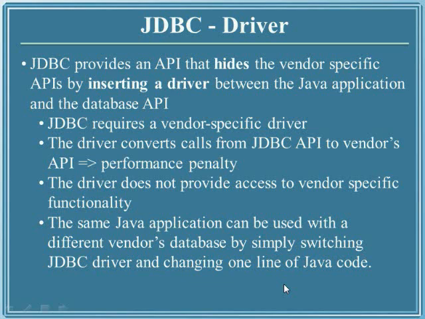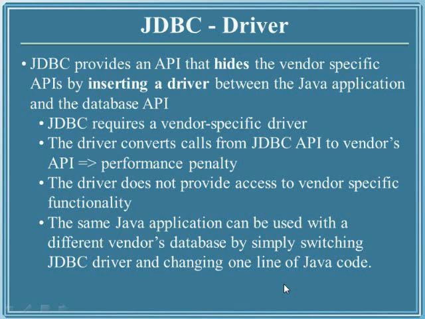Suppose Oracle wants its database to be used with any Java program, then they are supposed to write the driver. They are supposed to write software that will take standard commands from Java, interpret them and translate them into appropriate commands that Oracle is able to understand.